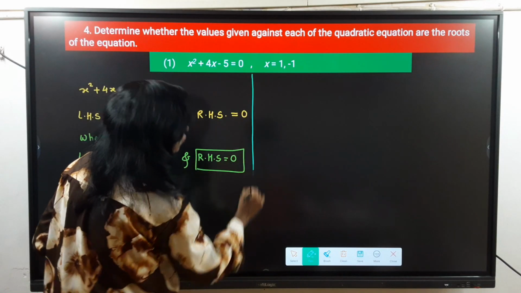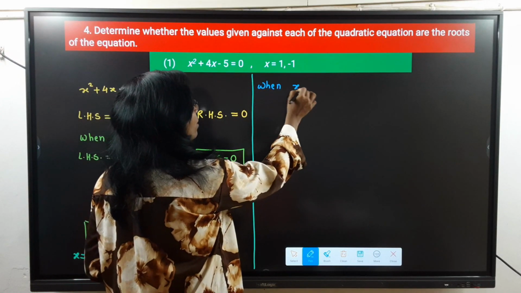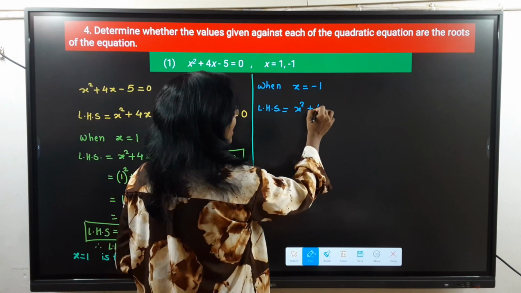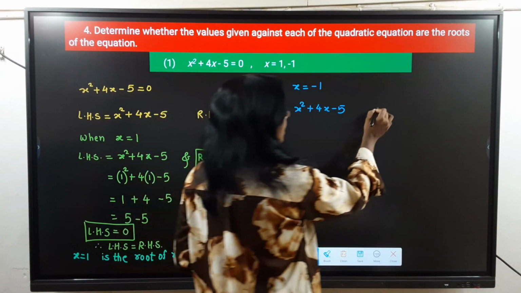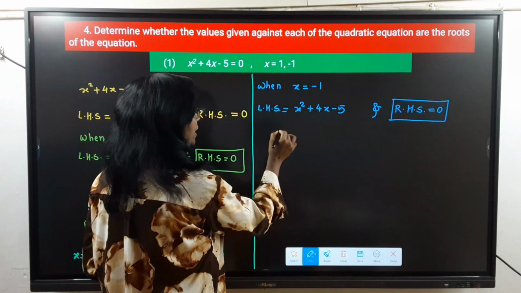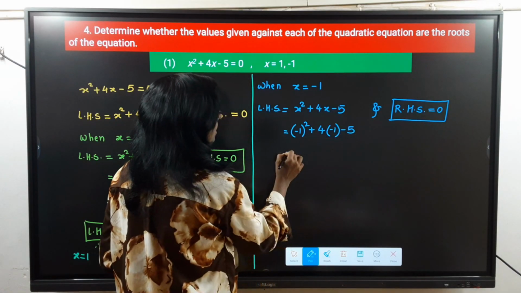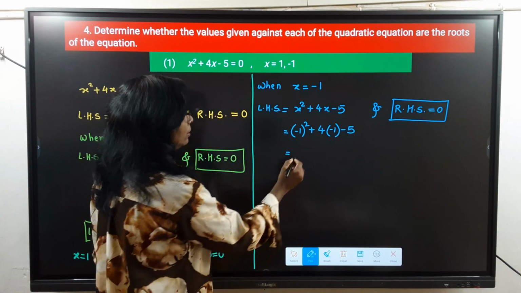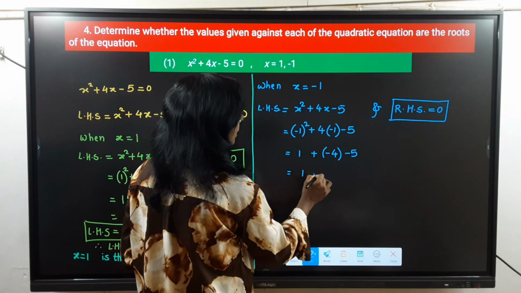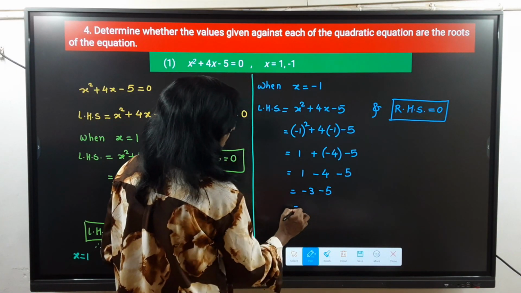Then the next part is for the value x is equal to minus 1. When x is equal to minus 1, first write down the LHS, x square plus 4x minus 5, and the RHS is equal to 0. Therefore minus 1 square plus 4 multiply minus 1 minus 5 is equal to square of minus 1, that is 1, plus the product of 4 and minus 1, that is minus 4, minus 5. So 1 minus 4 is minus 3, minus 5 is equal to minus 8.